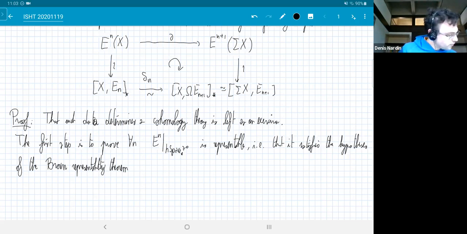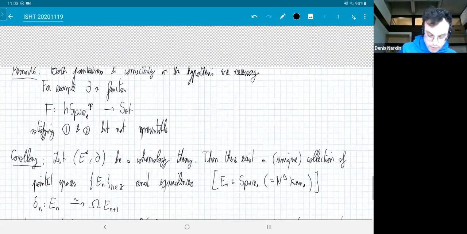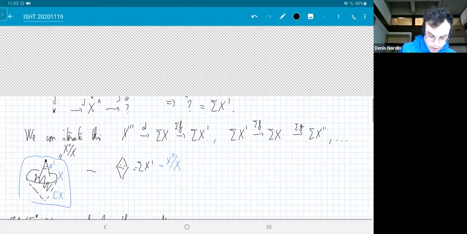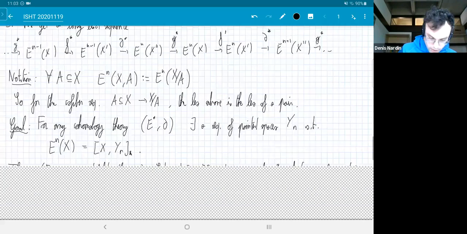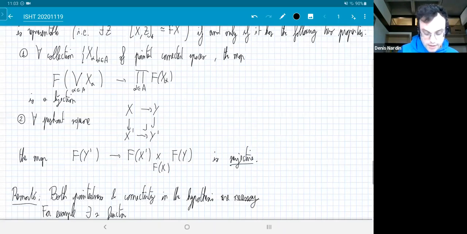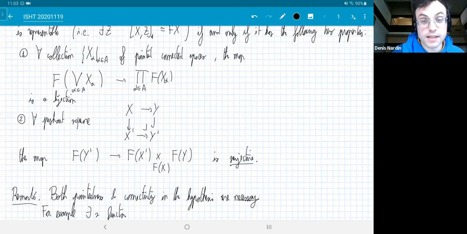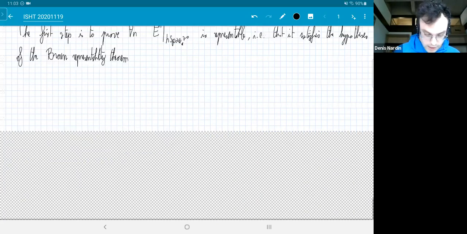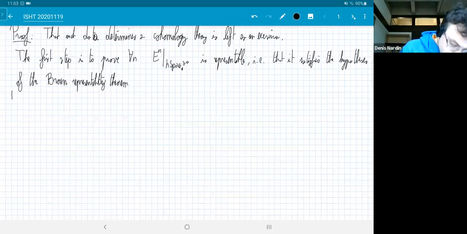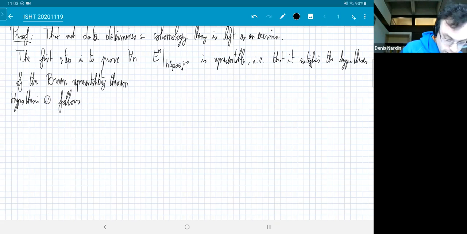So, okay, what were these hypotheses? Where did I put them? Here. Okay, the first hypothesis is going to be obvious. So we have these sends wedges to products, and we have this exactness hypothesis. So let's go back here. Hypothesis one follows from the definition of a cohomology theory.